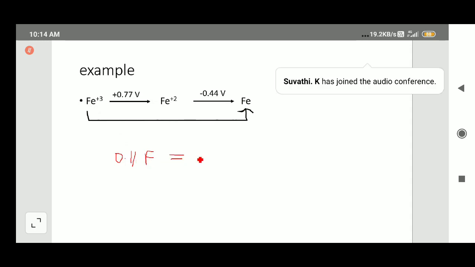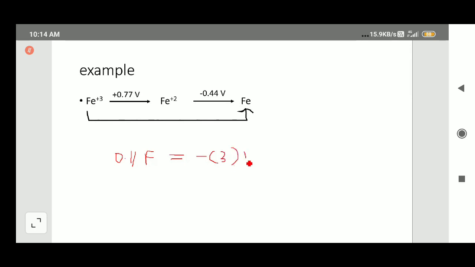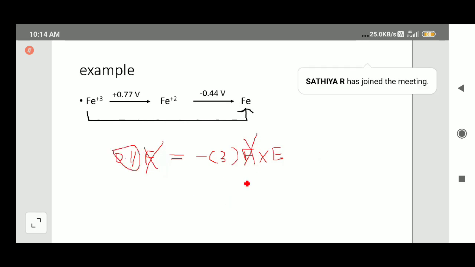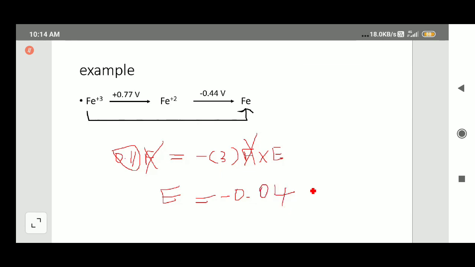This should be equal to minus the total number of electrons, 3, times the Faraday value F, and the E value. That is what we are going to calculate. We don't know the E value. This F goes and this F goes, so both of them cancel. And you have 0.11 divided by minus 3. E is approximately equal to minus 0.04.